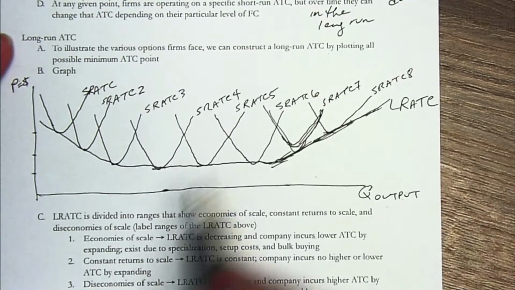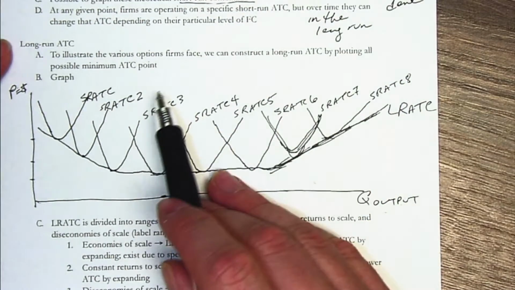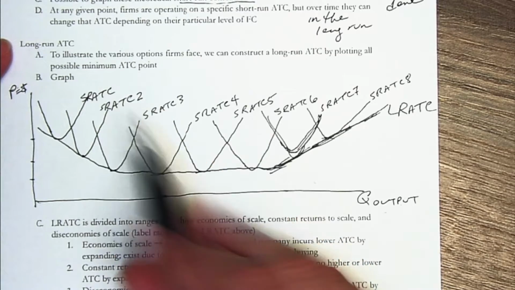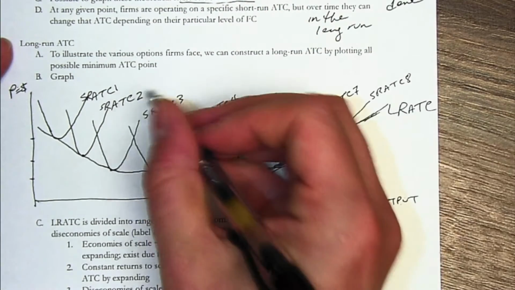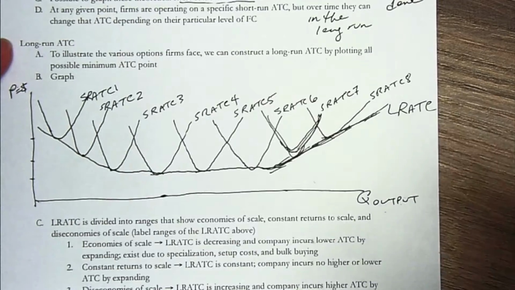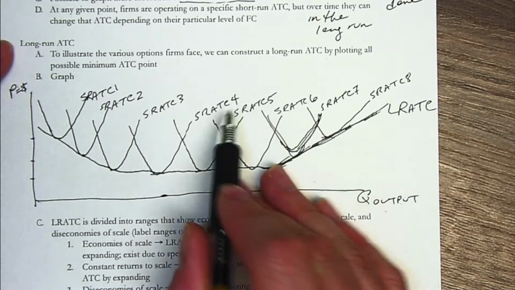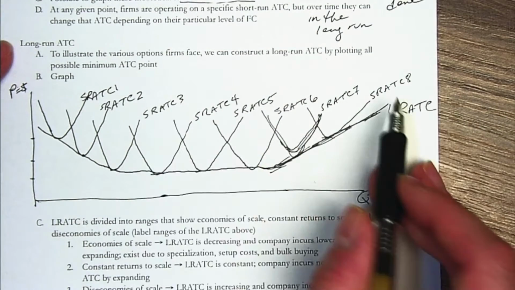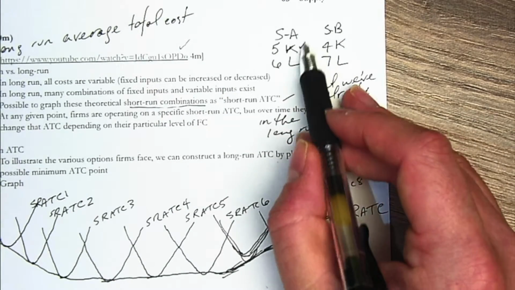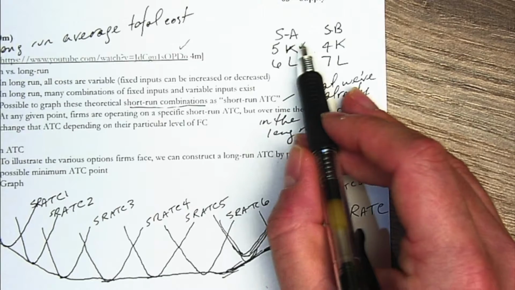And we can imagine that we have infinitely many combinations, right? And I was initially saying you have one location of your restaurant, two locations, 3, 4, 5, 6, 7, 8, 9 locations. But imagine that instead, these aren't really locations of the restaurant. These are just infinitely many different combinations of capital, where as you rise in the number of fixed resources, it changes your SRATC that you're operating on.